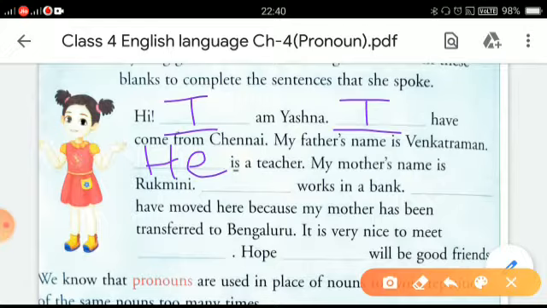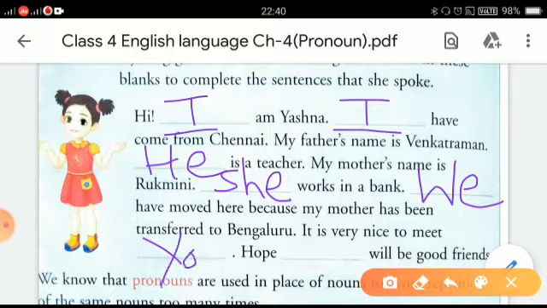She works in a bank. We have moved here because my mother has been transferred to Bengaluru. It is very nice to meet you. Hope we will be good friends.